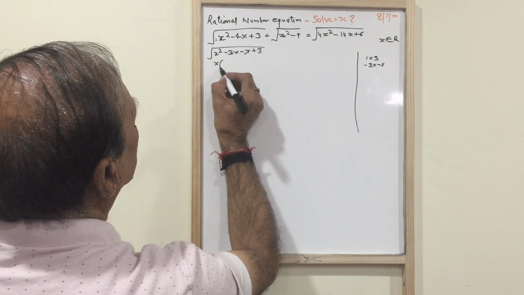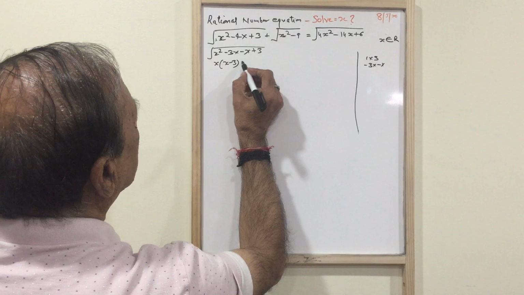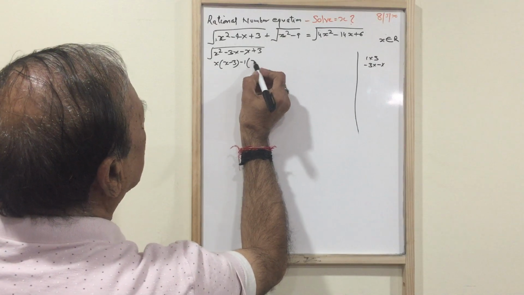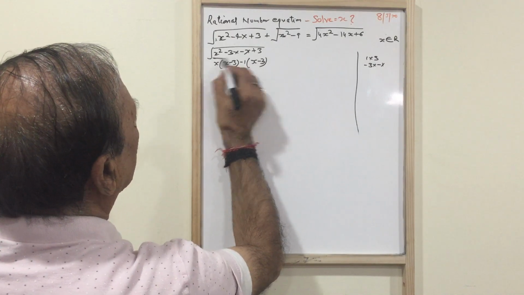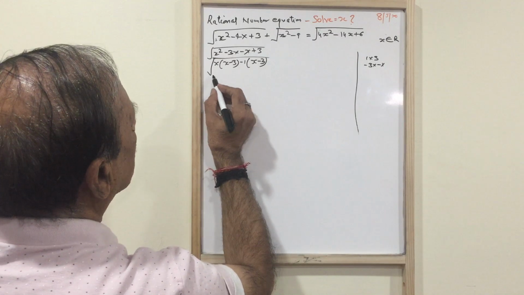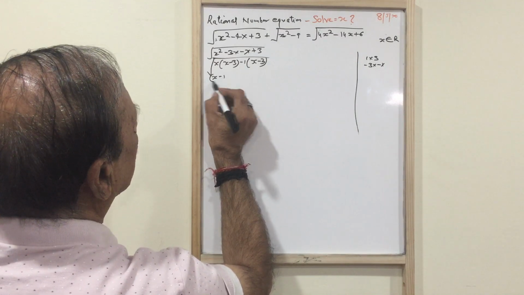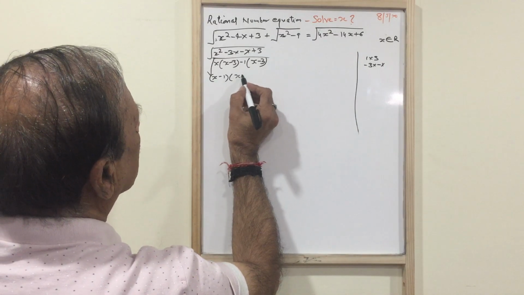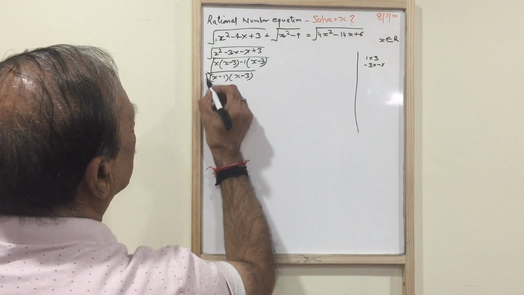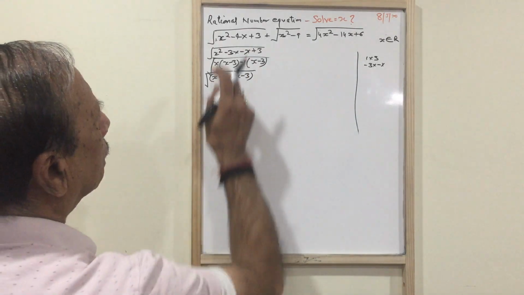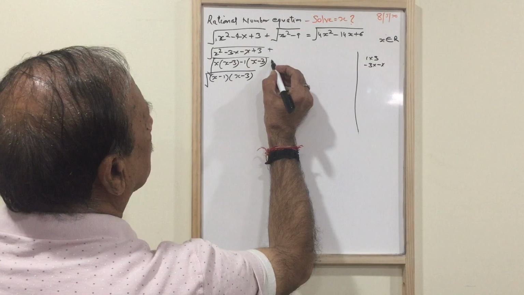We'll take x common, so it is x minus 3, minus 1 common, x minus 3, under root. Then we'll take x minus 1 and x minus 3 common, so this equation will turn like this.